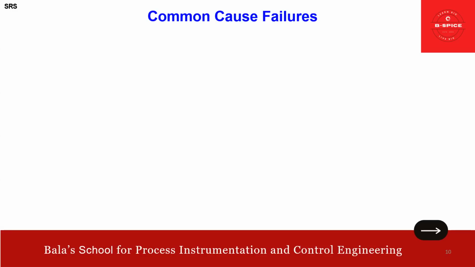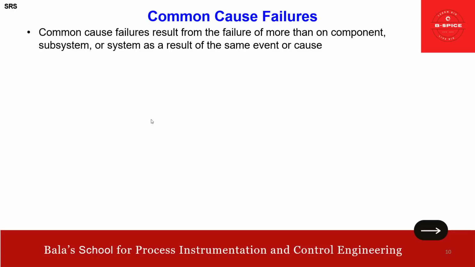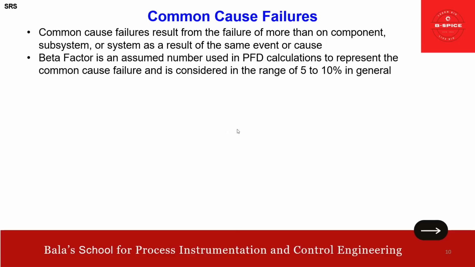Common cause failures result from the failure of more than one component, subsystem, or system as a result of the same event or cause. I think there is a typo error in the slide. That's the point.